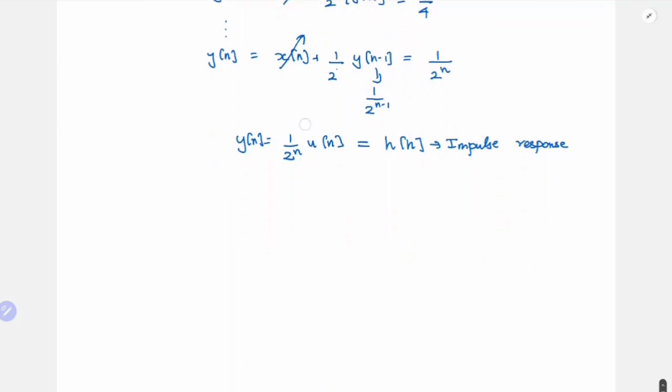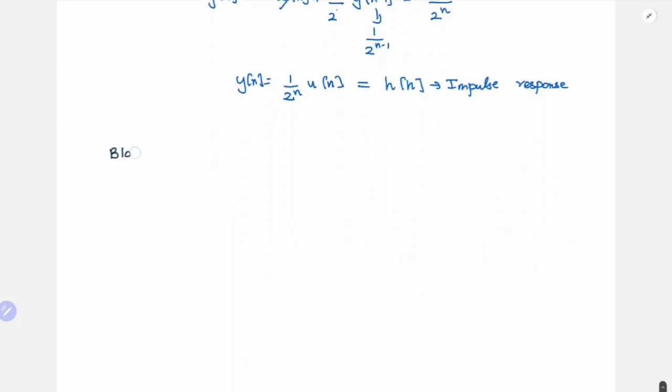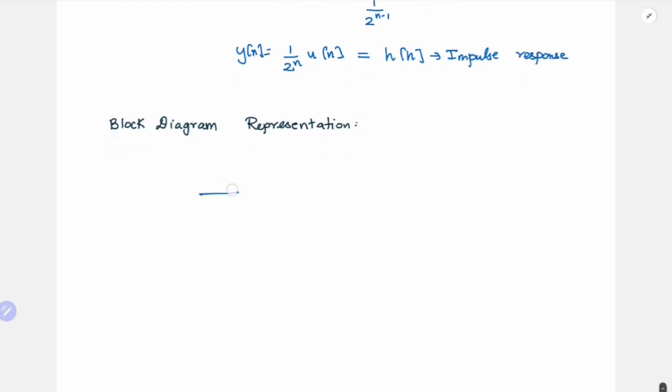So we'll also see some block diagram representation. So first one you have is the summation. If you have to add two signals, x1 of n and x2 of n, you will get x1 of n plus x2 of n.